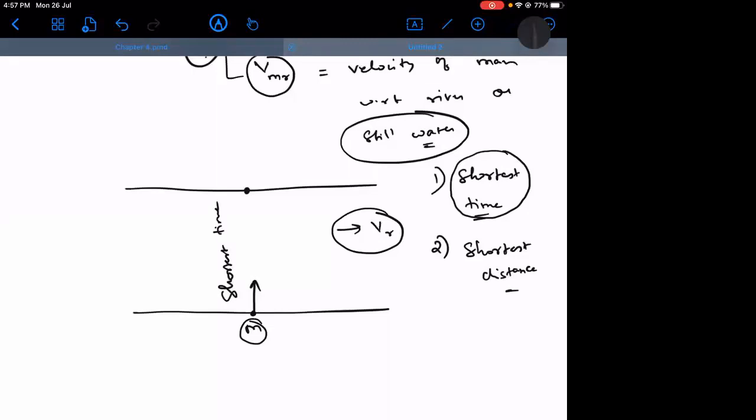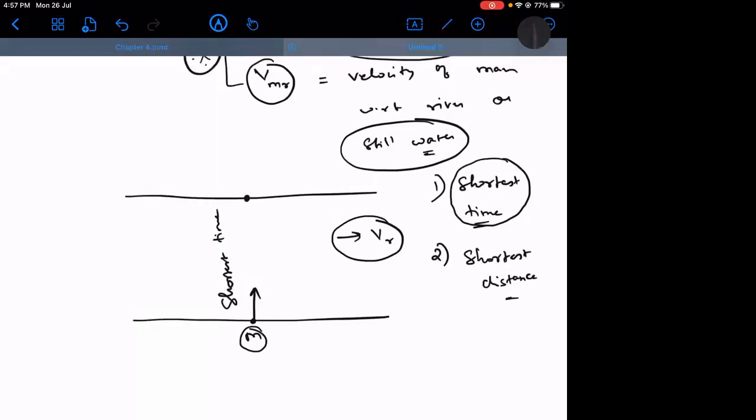If he has to reach the other end in the shortest time possible, then he will start moving with a speed of v, velocity of man with respect to river, exactly perpendicular to the flow of water, or exactly perpendicular to the bank. So what will happen to this man?